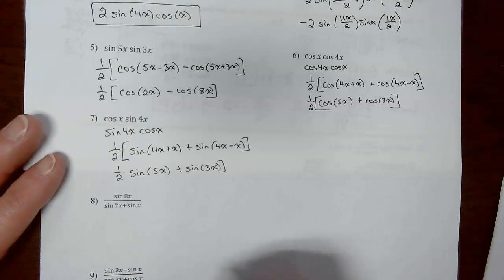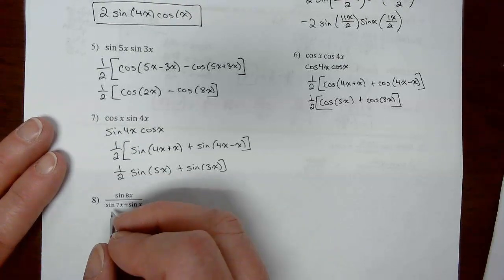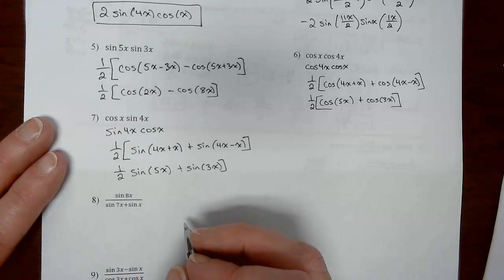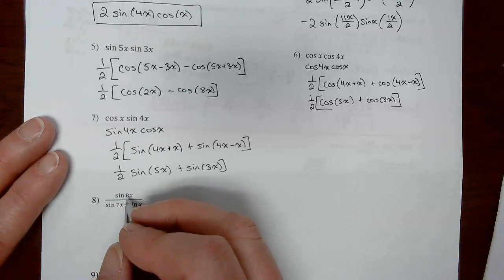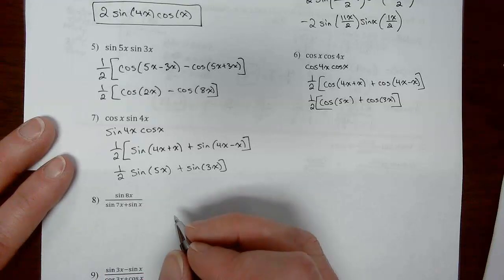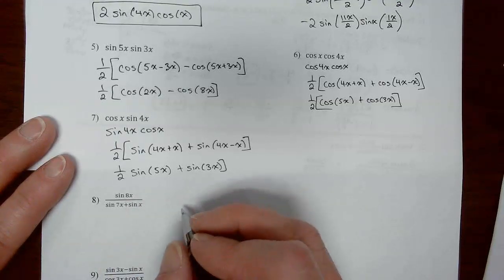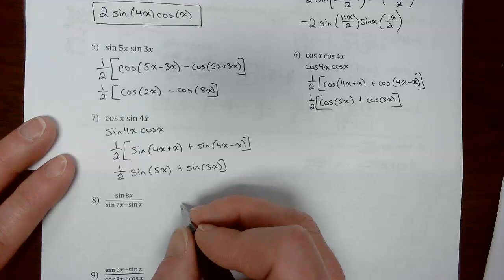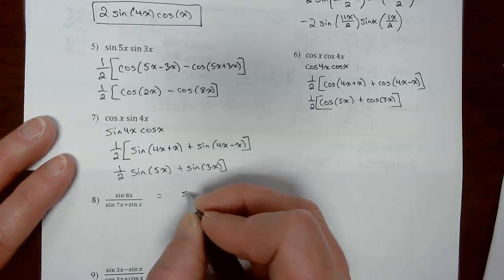Now this next one gets a little interesting. I have sine plus sine in the bottom. And in the top I just have sine of 8x. So let's see what happens. I'm going to use that formula from the top of the page on the denominator.